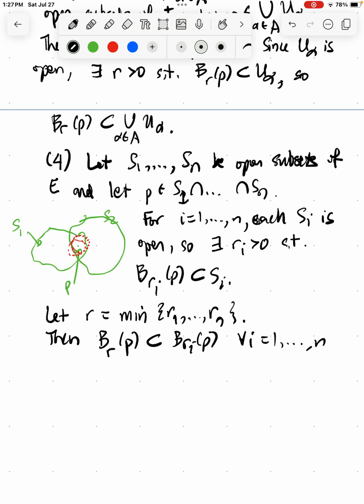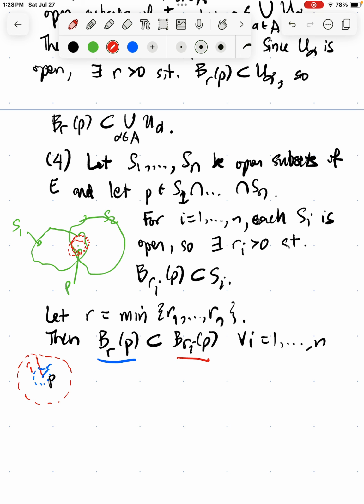Okay, why is this true? That's because if you have an element P and then you take a radius R1, and then you take a radius R that's less than R1, this ball is contained in that one. Because if I have an element whose distance from P is less than R, in particular its distance is less than Ri.